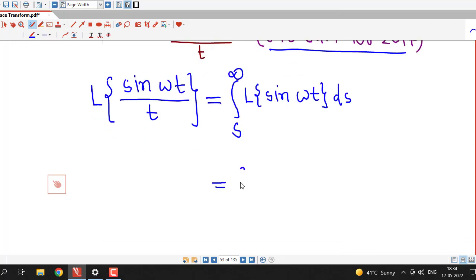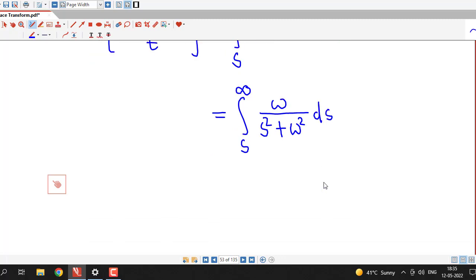The Laplace transform of sin omega t is omega divided by s square plus omega square. The integral is with respect to s.